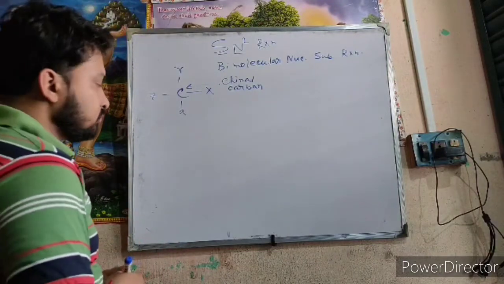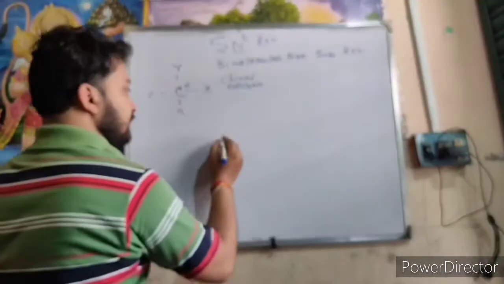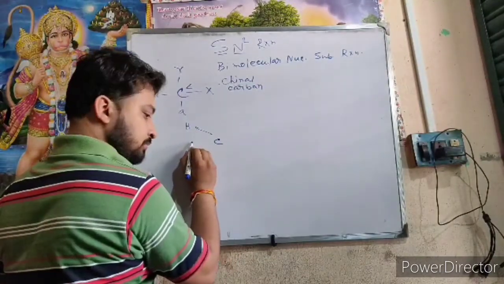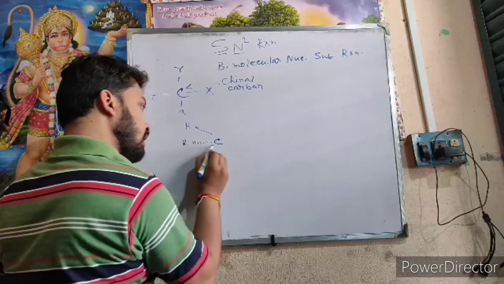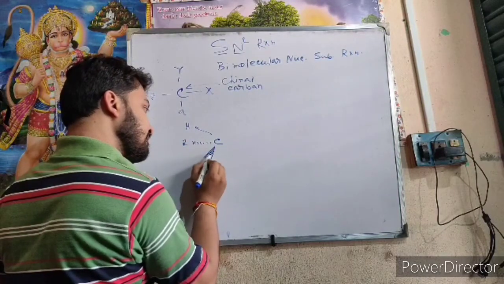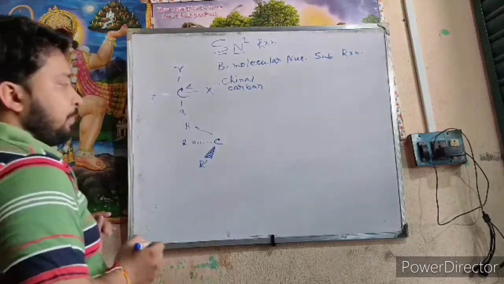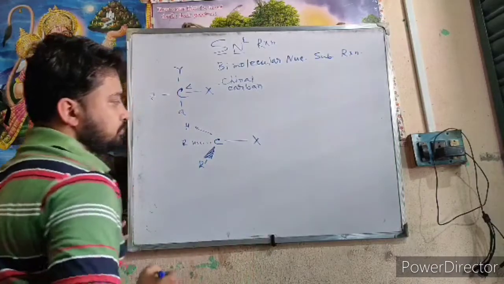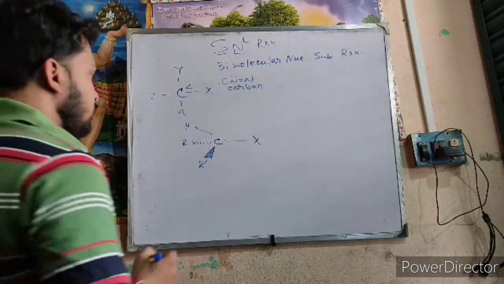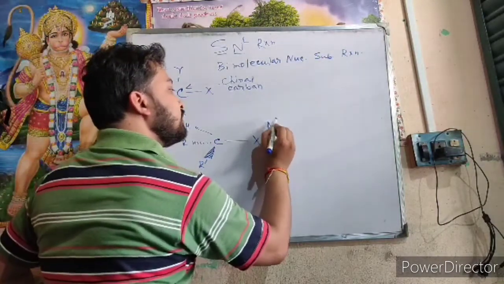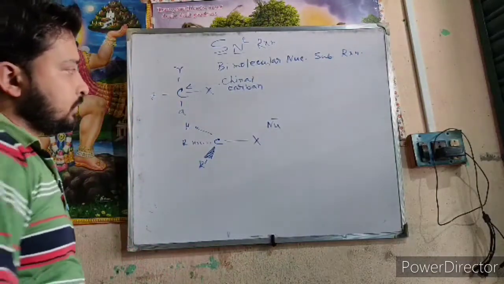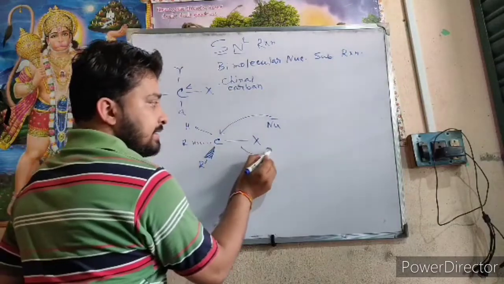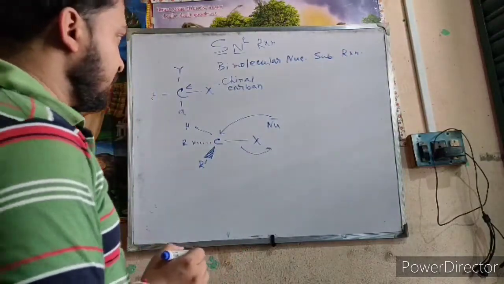What happens? This is carbon, H, R, so these are the 3 hands of the carbon and this is X. You want to attack with the nucleophile. The nucleophile attacks this carbon and X is removed from here.